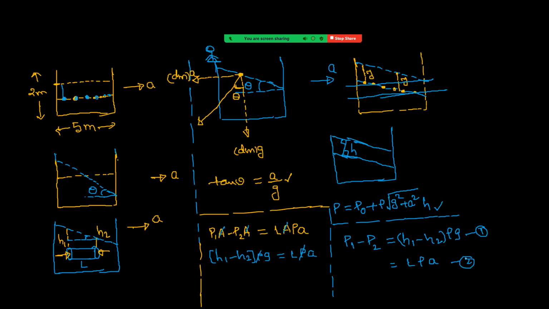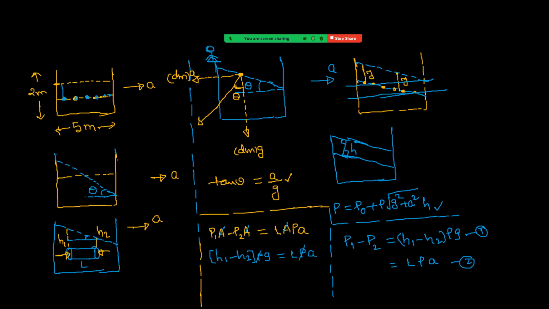So these are the points we have to remember regarding the vessel accelerating horizontally. The free surface makes some angle with the horizontal, given by tan theta equal to A by G. Next, any layer parallel to the free surface has the same pressure at each and every point.